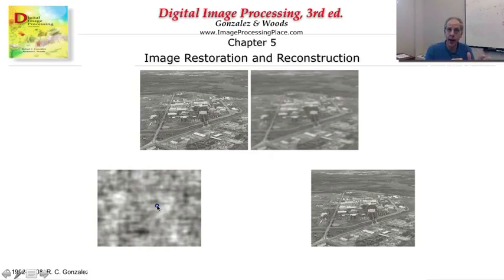So we take the Gaussian filter, we take the Fourier transform, and we divide this image, its Fourier transform, by the Fourier transform of the Gaussian, and then we reconstruct.